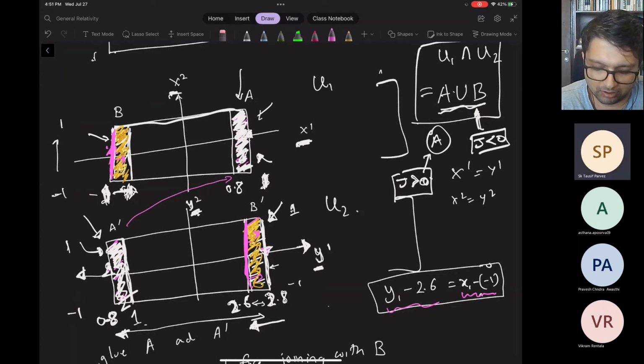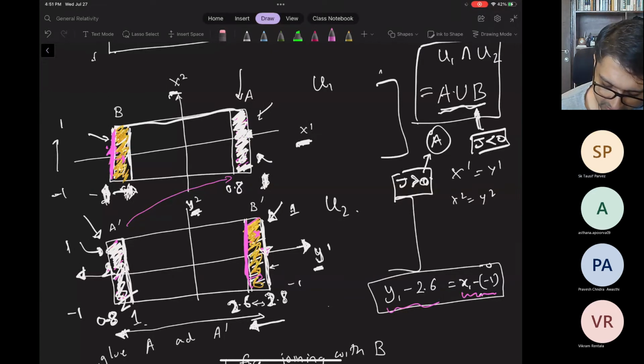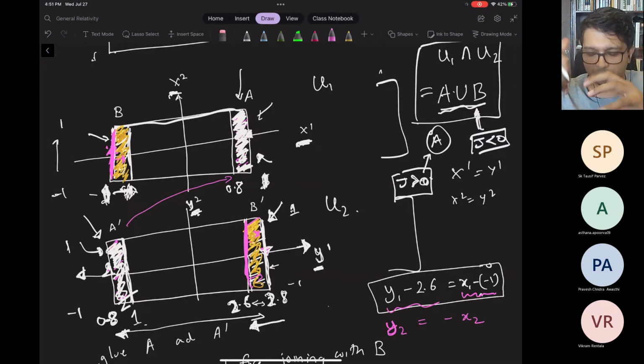Yeah, yes. And now the interesting thing will come for y2 and x2, because now y2 I will just set directly equal to minus x2. In the overlapping patch, I've twisted it so that this point will not map to this point, but rather it will map to this point.